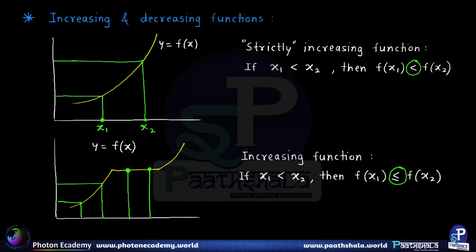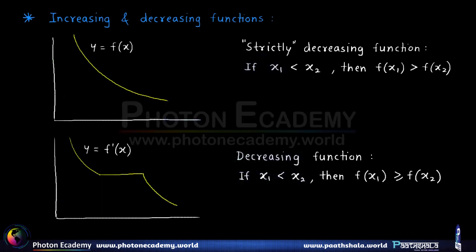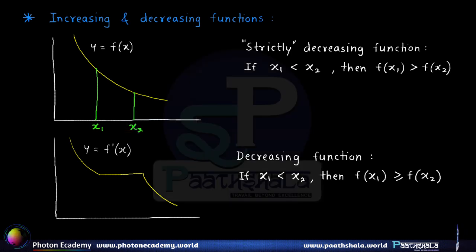Now similar to increasing, we can have the corresponding two cases for decreasing function, and it's not difficult to understand what that would be. For a strictly decreasing function, if you consider some x1 and some x2 which is bigger than x1, then the inequality of the function values will be opposite.